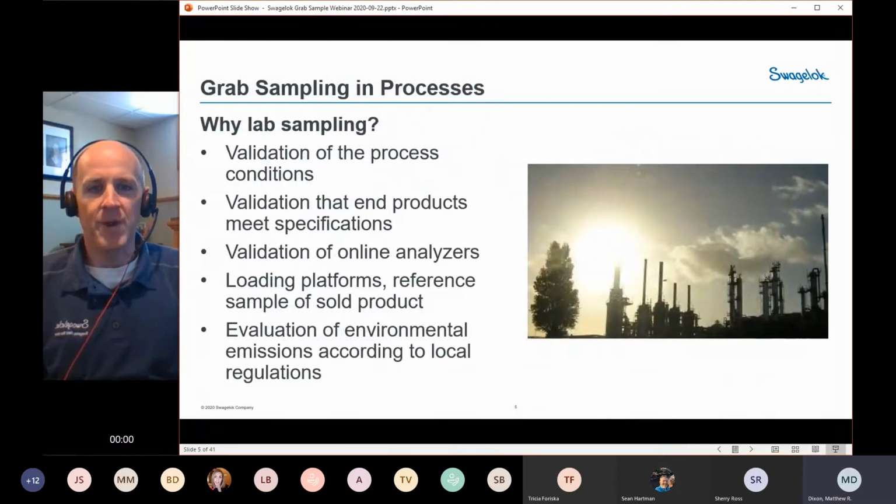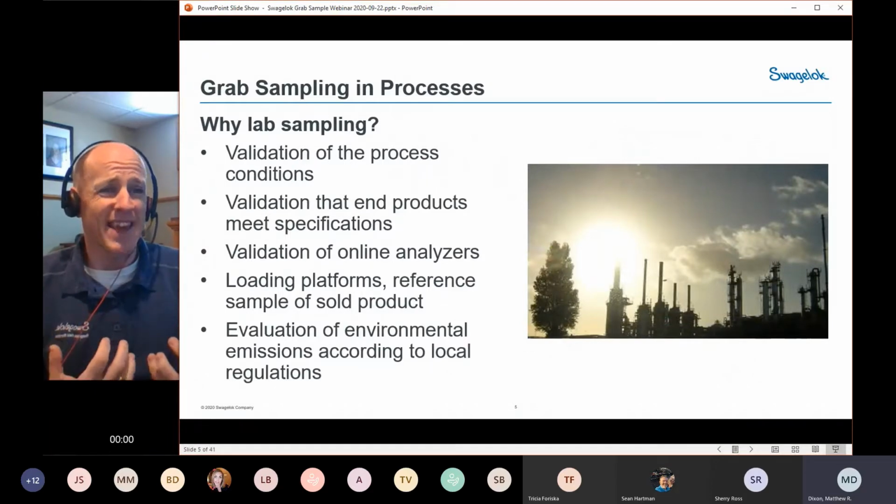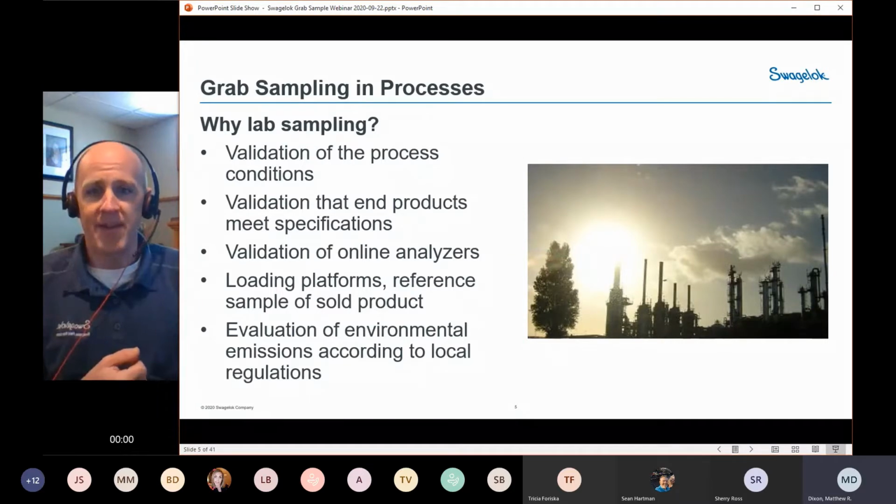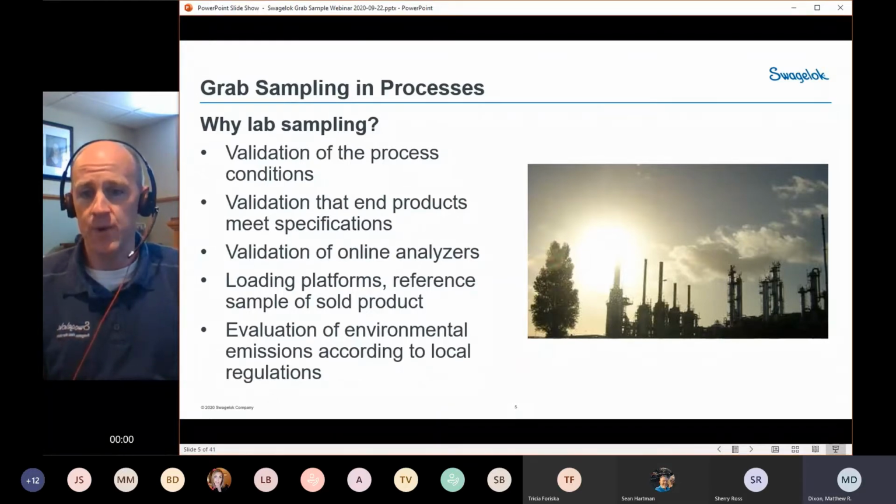So why are we actually taking the sample? There are a lot of different reasons why we might want to take a sample out of our process. First of all, to verify that the process conditions that we think are in our process are actually what's going on. We need to verify that the product that we're producing meets the specifications, whether it's the end product that's going out the door, or the product that's moving from one part of the facility to another.